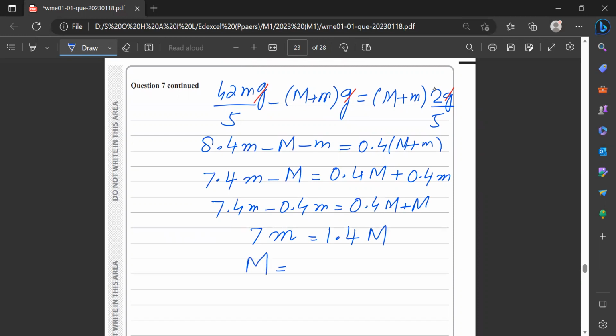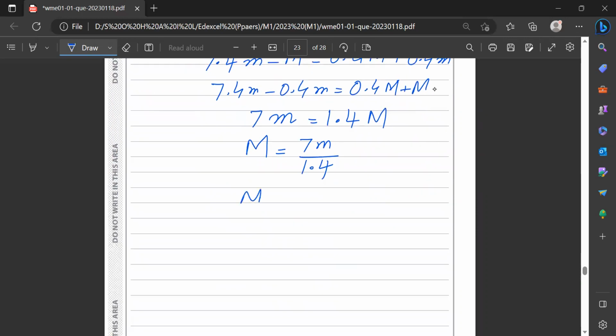So capital M is 7m over 1.4. 7 over 1.4 is 5. So the answer is M equals 5m.